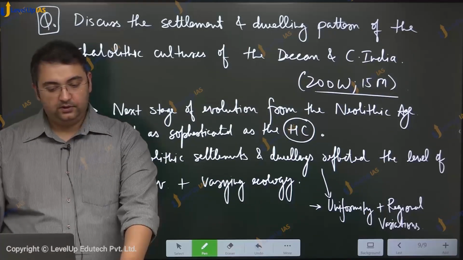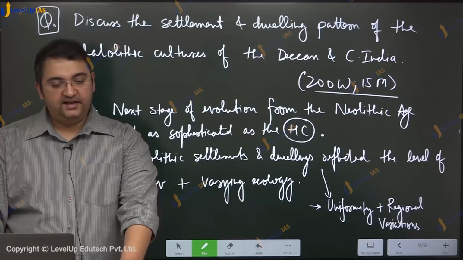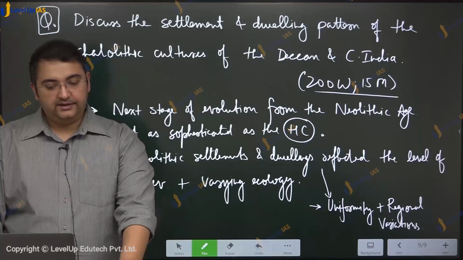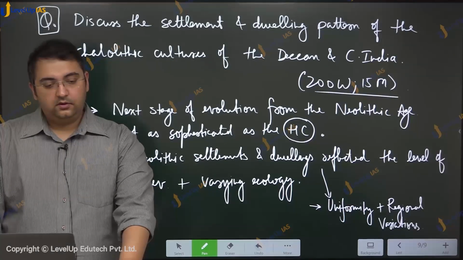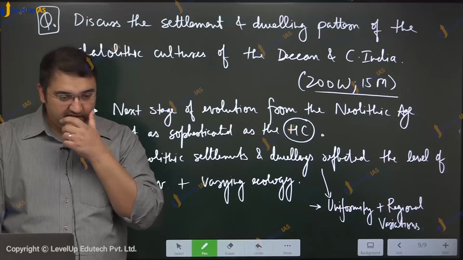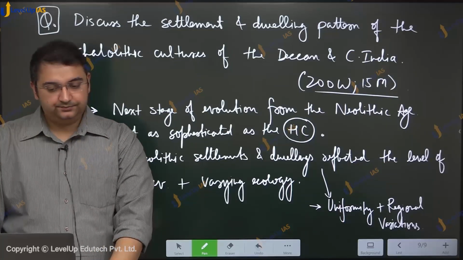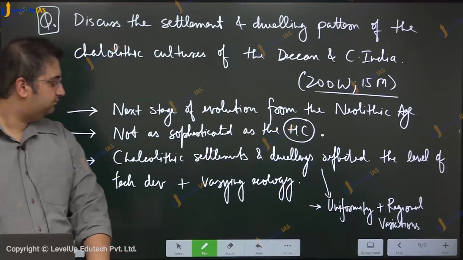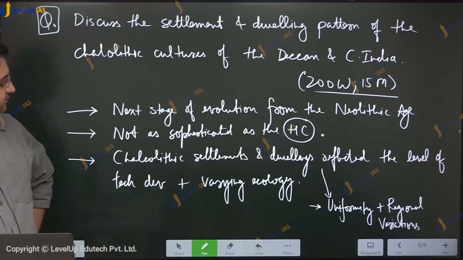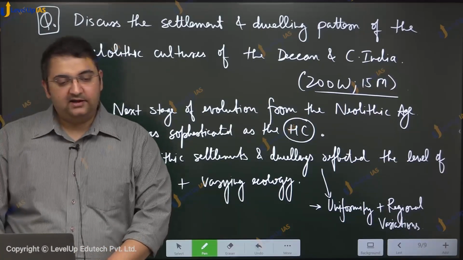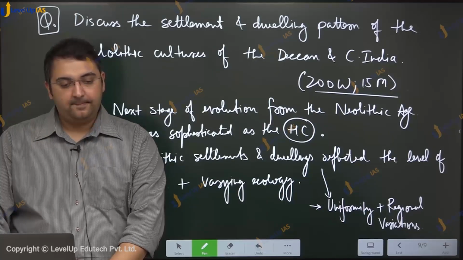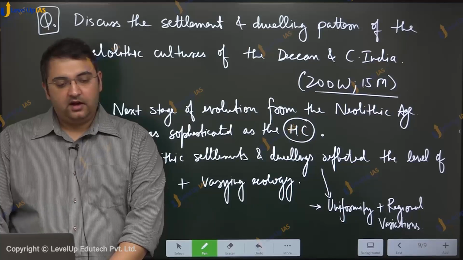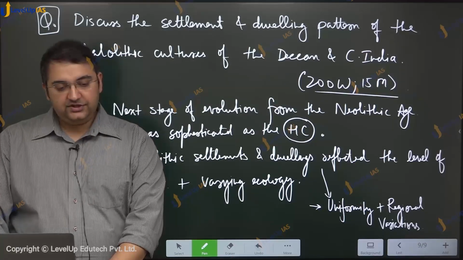Due to the wide variability in climate, levels of material advancement, and local tastes, Chalcolithic settlements display a high degree of regional variability.